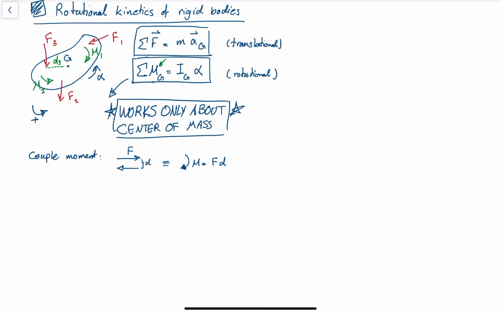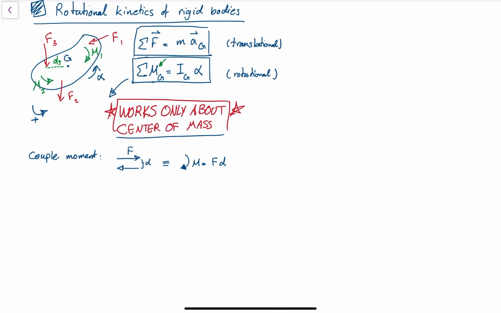They have the same rotational effect. The only thing to note is the sign, whether it is in the same or opposite direction of what you have assumed. Okay, that's that. Let me do this, make it red. Okay.